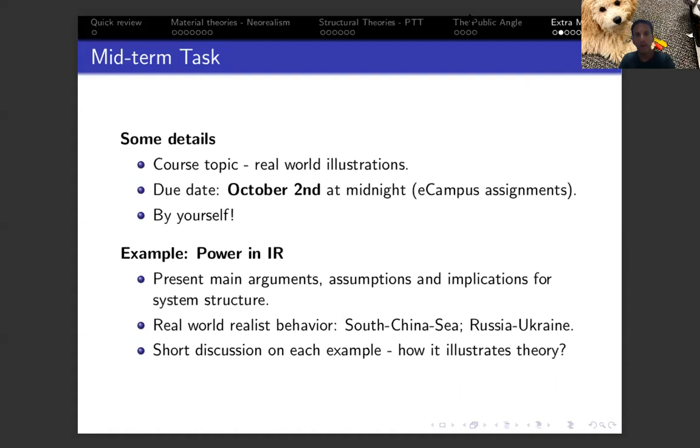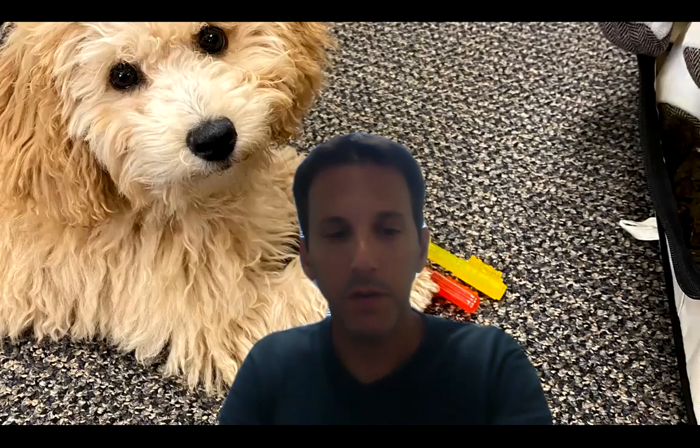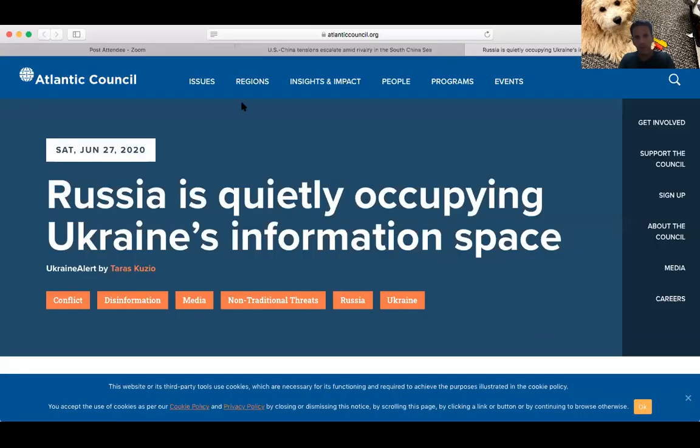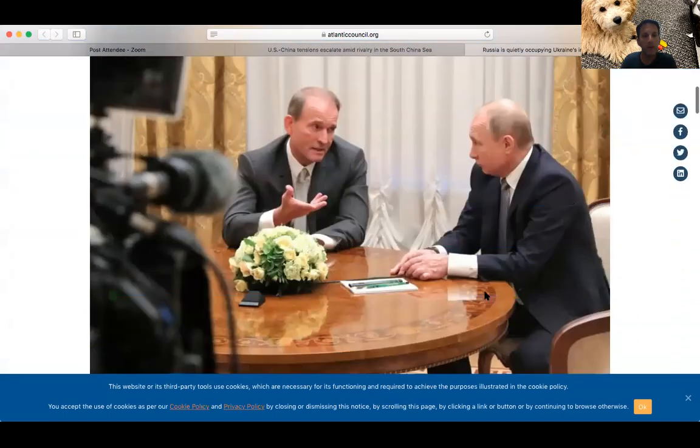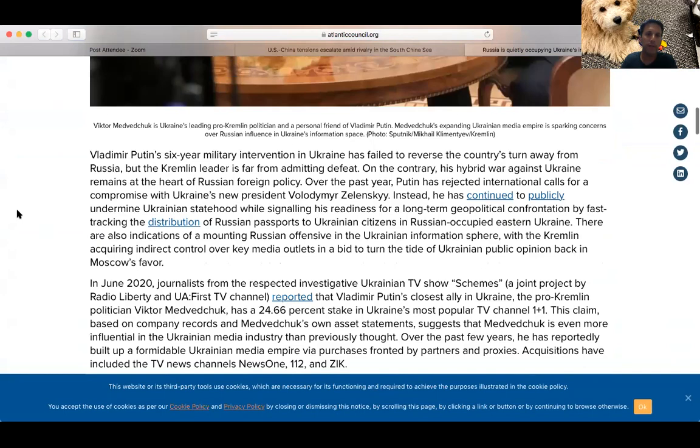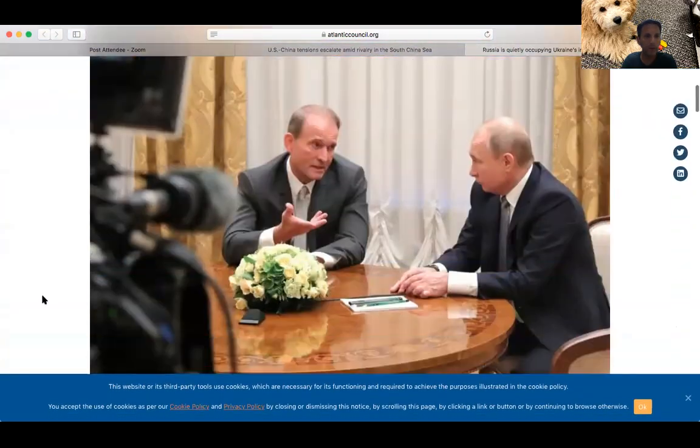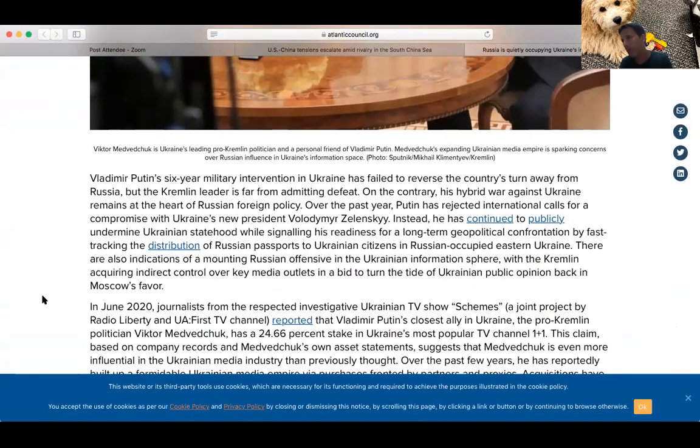And for that, let me stop sharing this screen for a minute and go to my web browser. So here is one example. This is the actions of Russia in the conflict in Ukraine. And the article here from the Atlantic Council describes various types of actions.